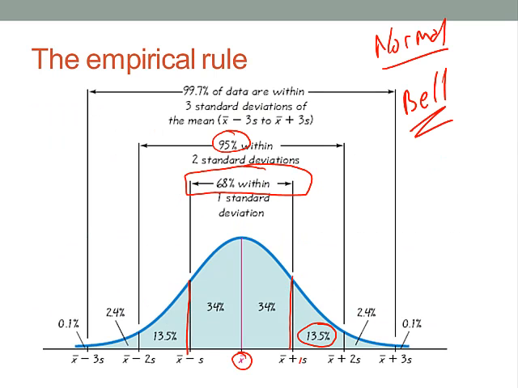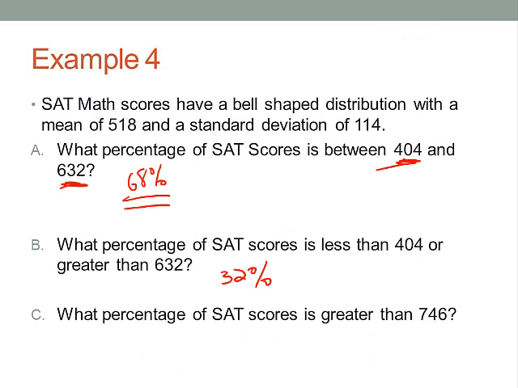So 2 standard deviations above the mean is 2.4 and 0.1, which is 2.5. Hopefully that makes sense here. We have 95% from here to here, so that means there's 5% left in the tails. So 5 divided by 2 is 2.5, because we have 2 tails. However you want to do it is fine with me. So 2.5%.